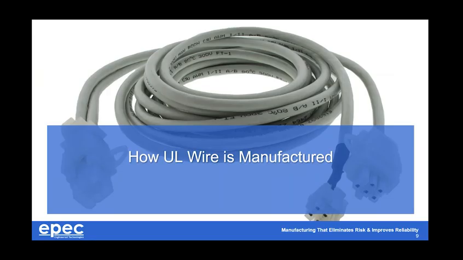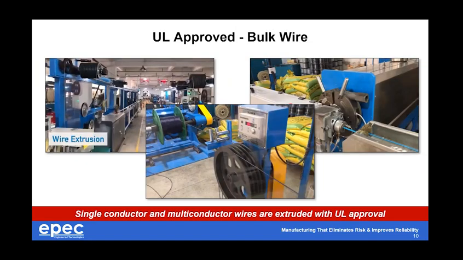So we'll dive in here, talk a little bit about how the actual UL wire is manufactured. Just like any other ordinary electrical harness and wire, this all starts with pelletized raw materials, typically thermoplastics like PVC, TPE, and other materials like that, that are sourced in bulk at our manufacturing locations. These pellets are then ground and heated and then extruded around long, thin strands of spun copper wire.